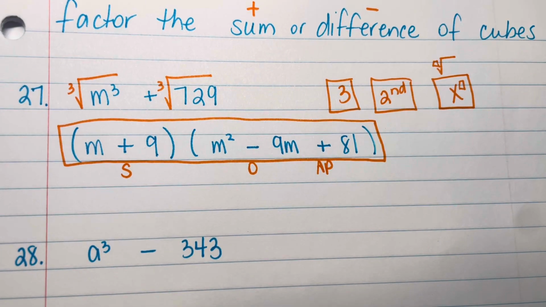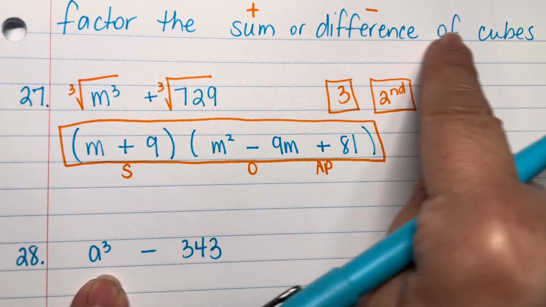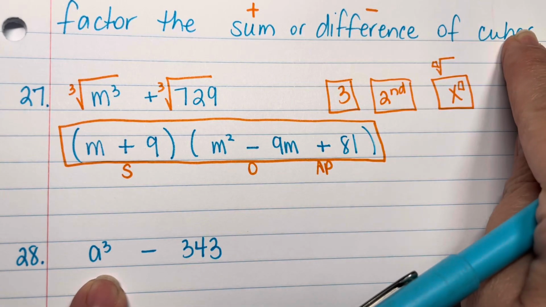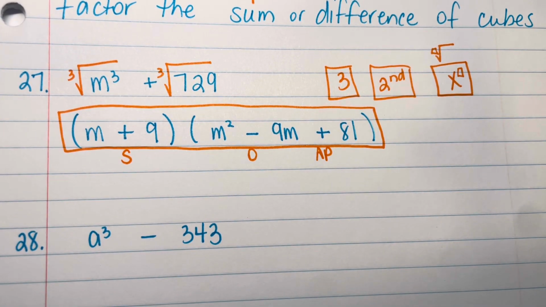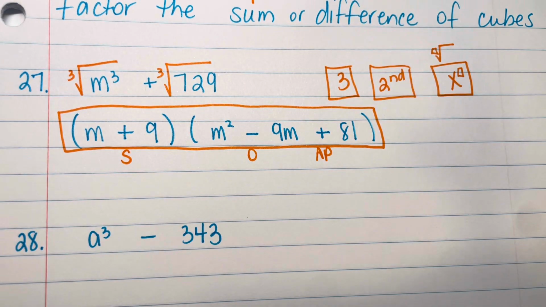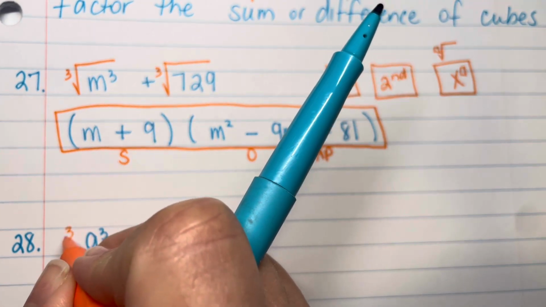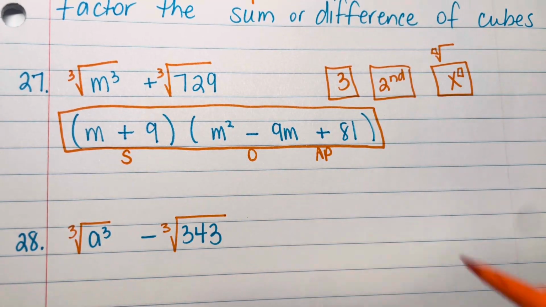Number 28, we have a difference of cubes. And we know it's a difference of cubes because this phrase is in our directions. So we're going to do the same thing we did with problem number 27. It works the same way, whether it's a sum or a difference. We're still going to take the cube root of the first one and the cube root of the second one.